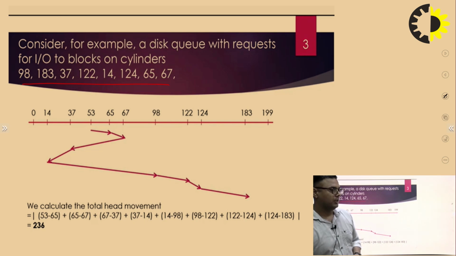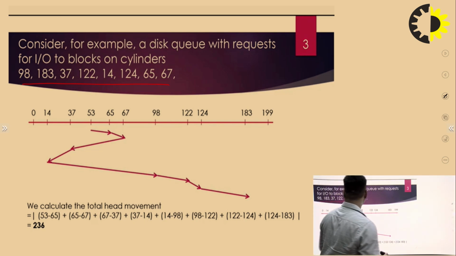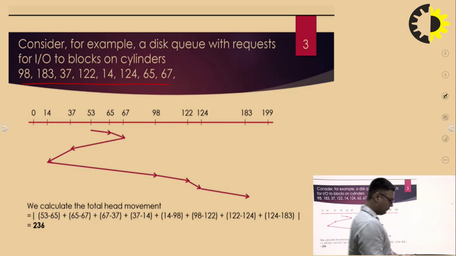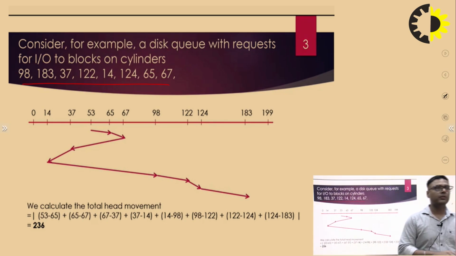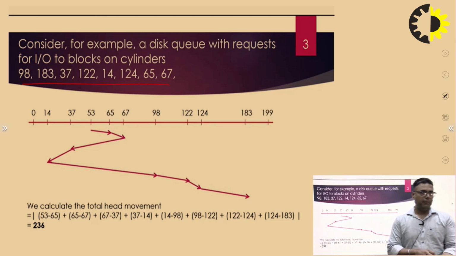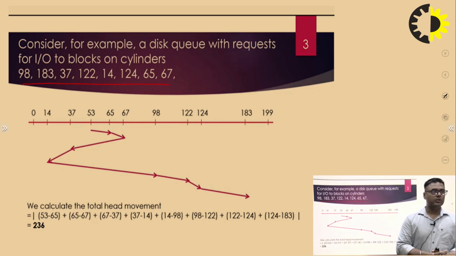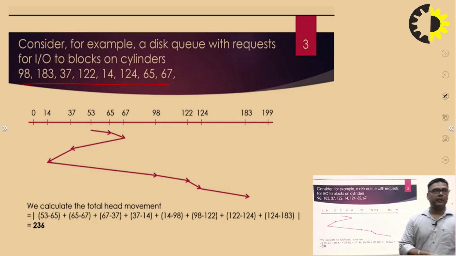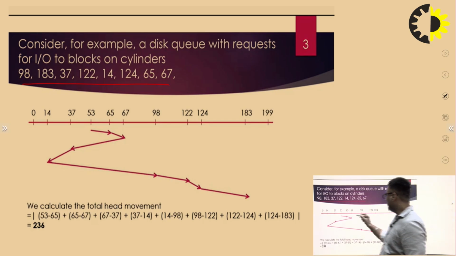Here some sector values are given where data is available, and data is requested from those positions. In this question I have to use shortest seek time first. My head position is initially 53.